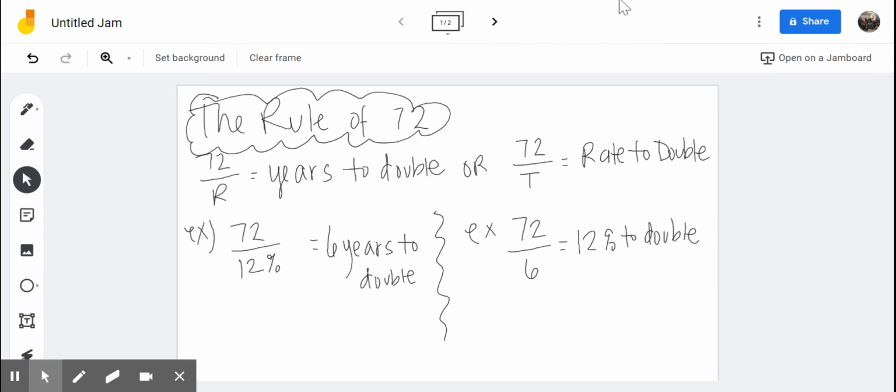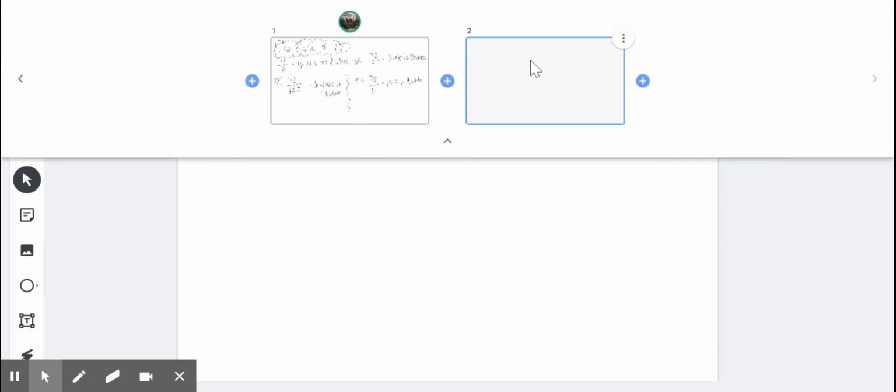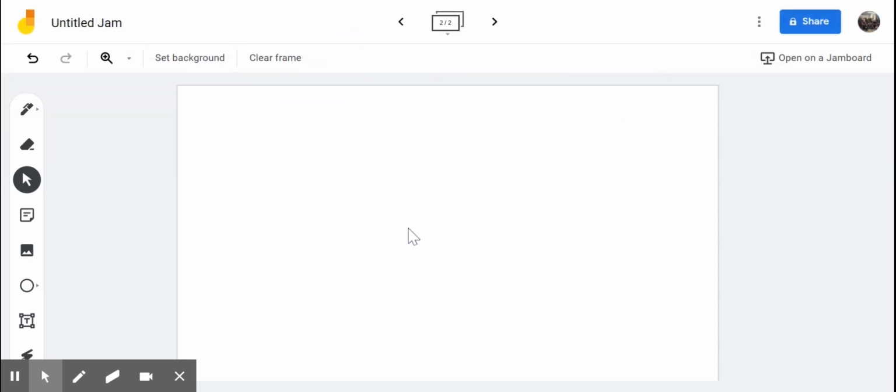So I wanted to go through an example with you guys. This tends to be the one that kids struggle with the most. So I'm going to pull it up right here. It says, if you invested $250 at 16%, how much will you have after 18 years? Let me go ahead and write that down.